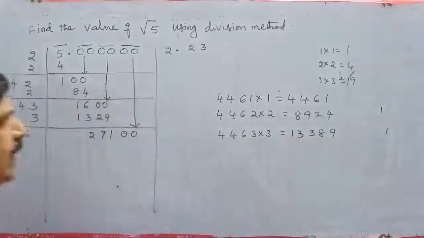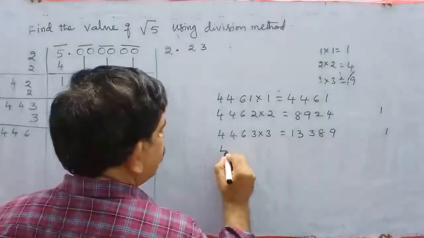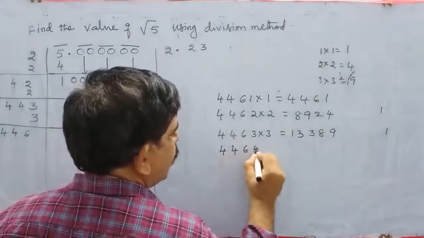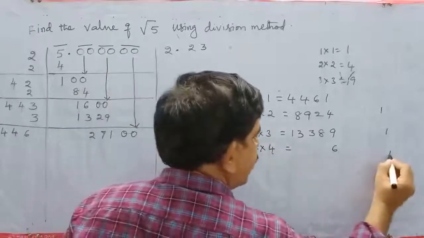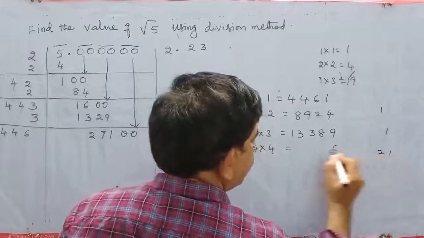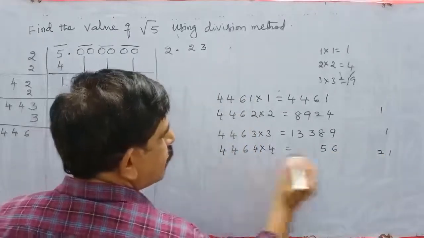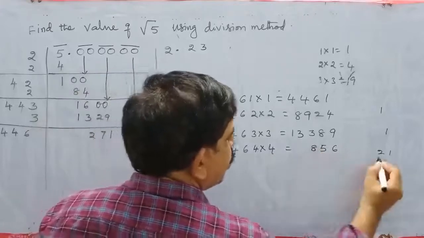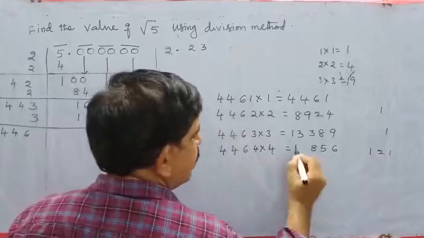Okay, 13,389. Next 4464 into 4: 4 4s are 16, 1 remainder, 4 6s are 24 plus 1, 25, 2 remainder, 4 4s are 16 plus 2, 18, 1 remainder, 4 4s are 16 plus 1, 17.